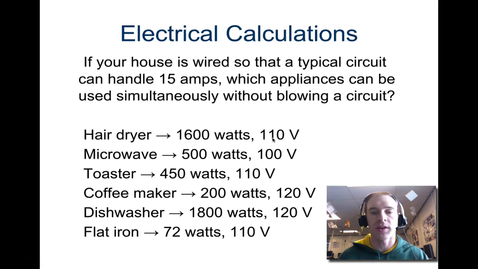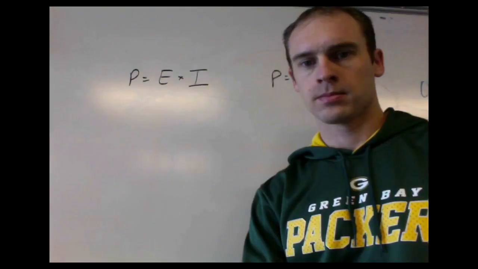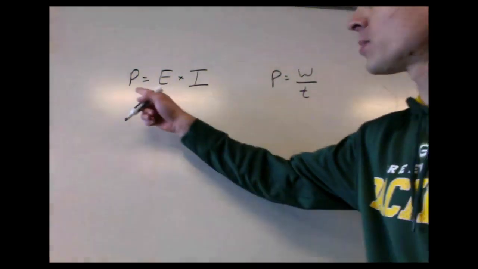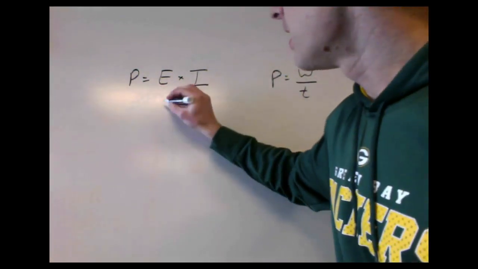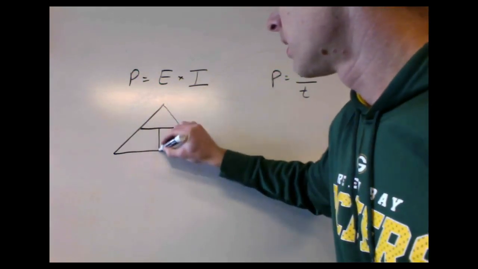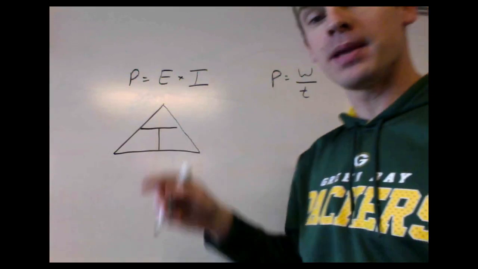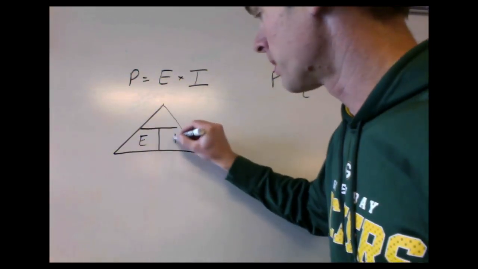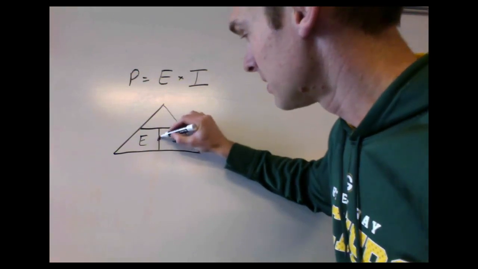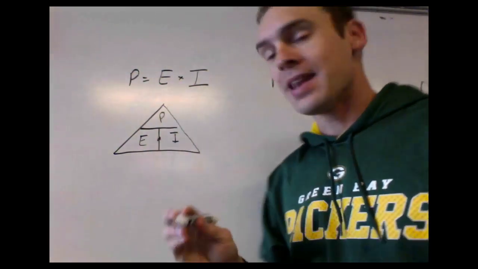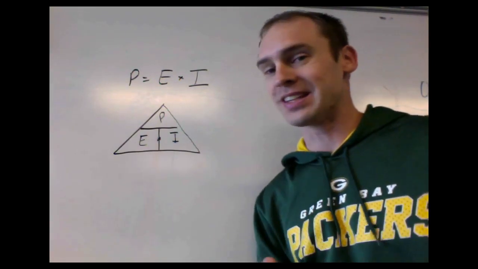We don't have an equation to solve for current, but check this out. I have this thing I like to call the magic triangle. When you have an equation with 3 variables, you make this triangle, and the 2 that are being multiplied together, E times I, go on the bottom. The remaining one goes on the top. This is sweet if you haven't seen it.